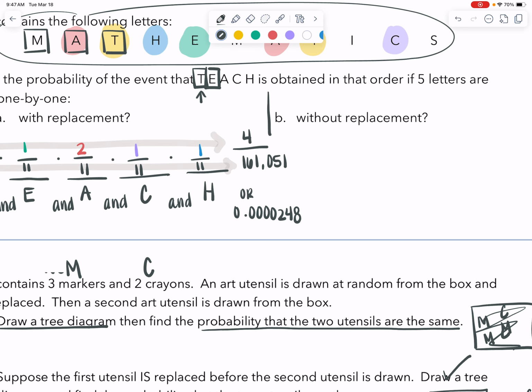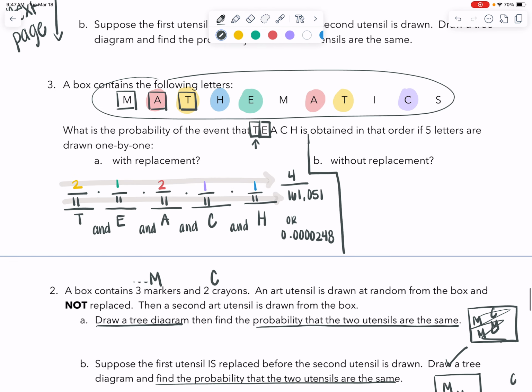All right, letter B, without replacement. So now that means I'm going to draw a letter out, and then I'm not putting it back. All right, so I'm still looking for the same probability, TEACH.